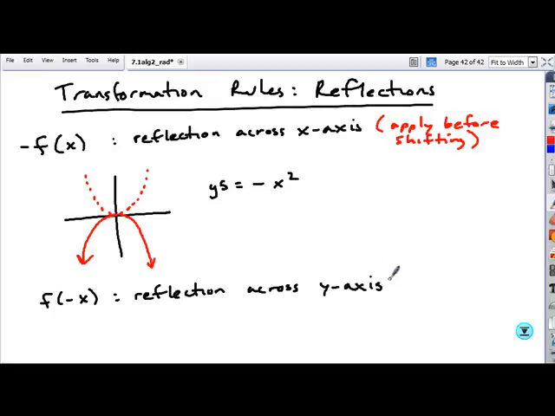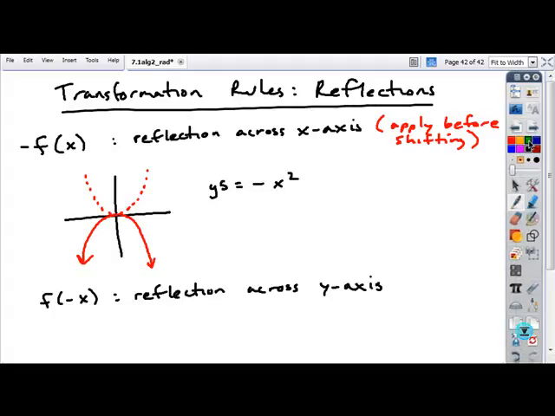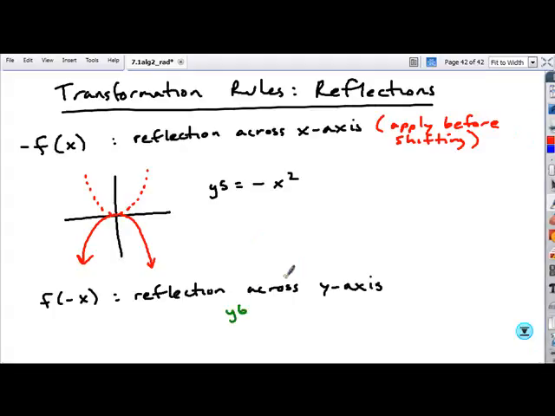It doesn't really apply to the x squared, the parabola, because it's symmetric across the y-axis anyway. So let's look at this using the square root that we just did. Okay, the square root of negative x.